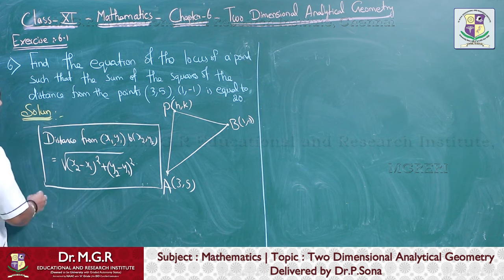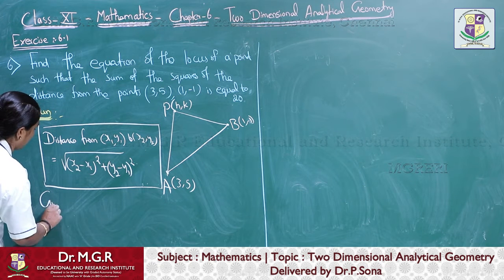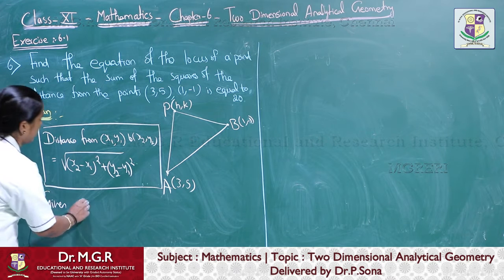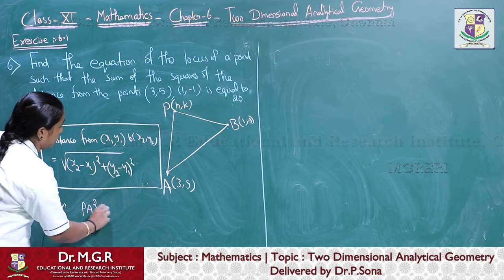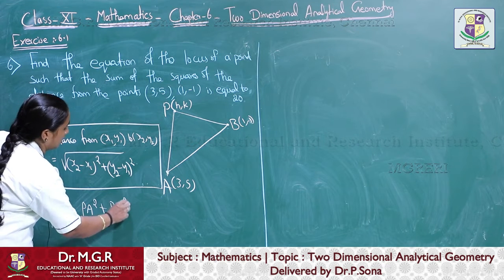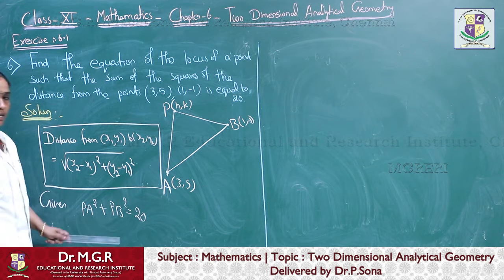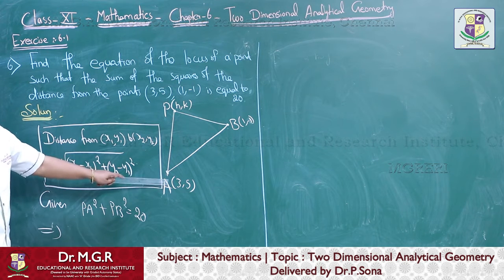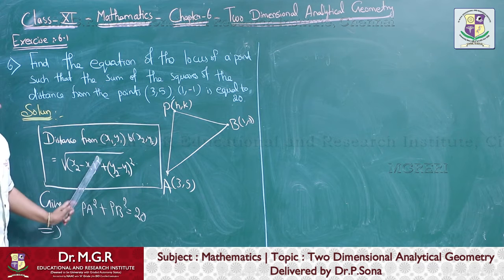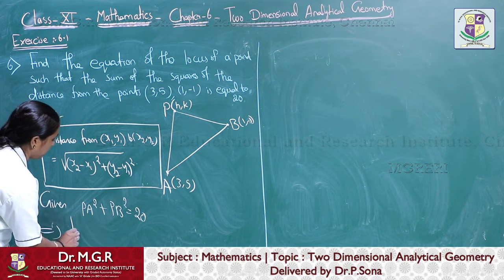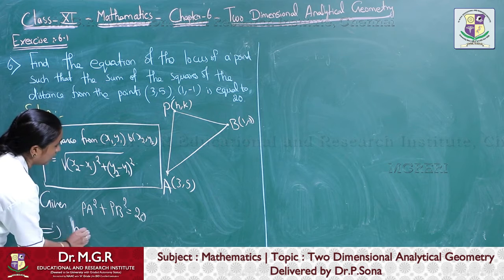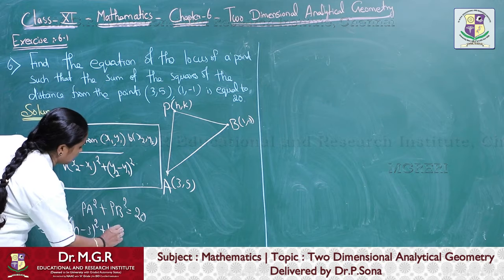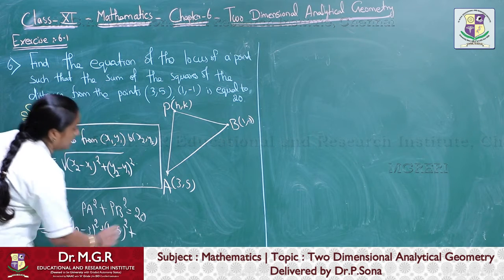So here you see, what is given is PA square plus PB square is equal to 20. Which implies, what is PA? PA means distance between these 2 points. So we can use the formula. So (h minus 3) the whole square plus (k minus 5) the whole square plus PB square.